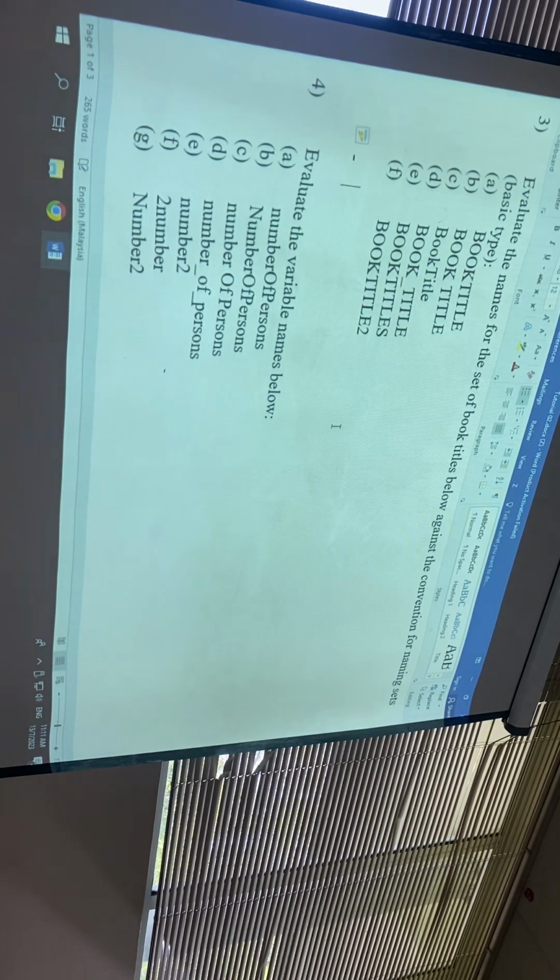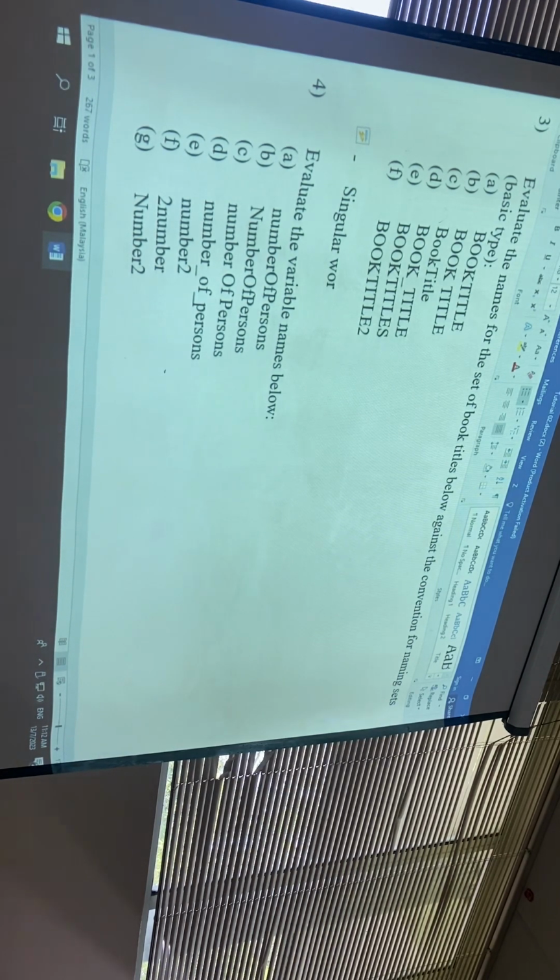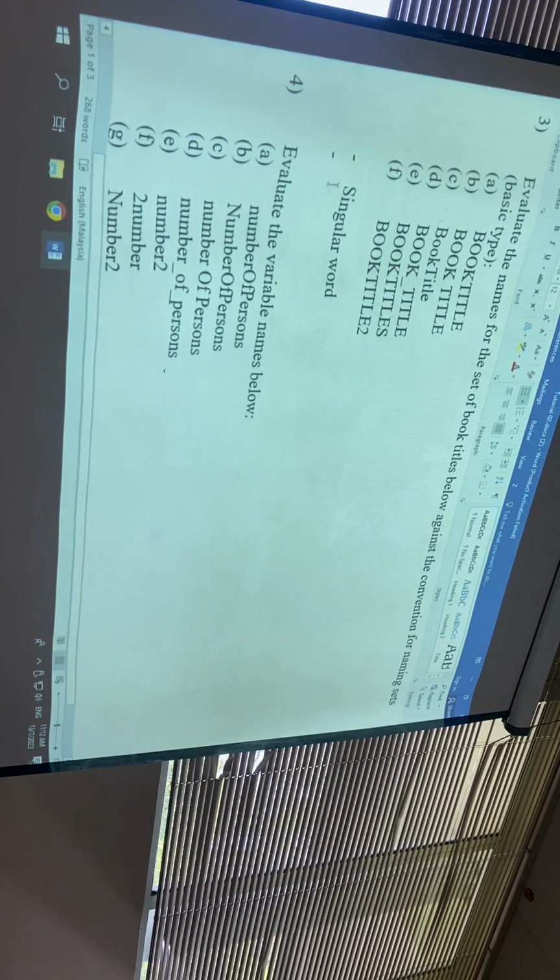We need to use a singular word. Singular word means no S, no ES, whatever. So the guideline is it must be a singular word.